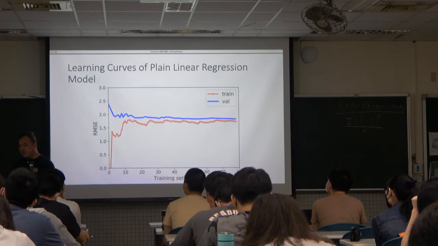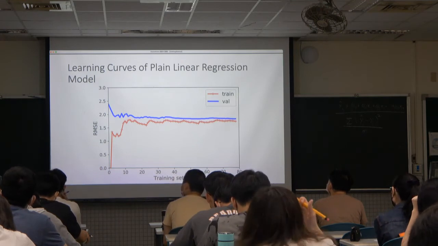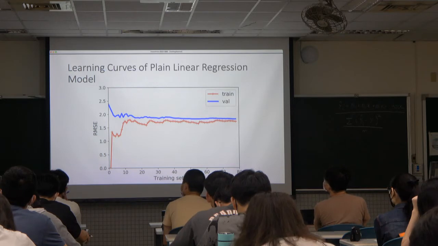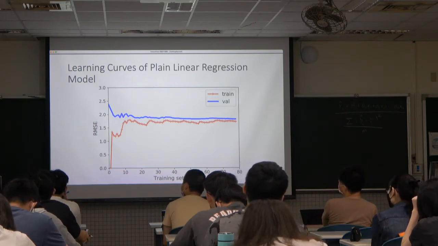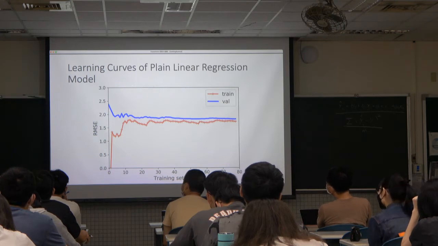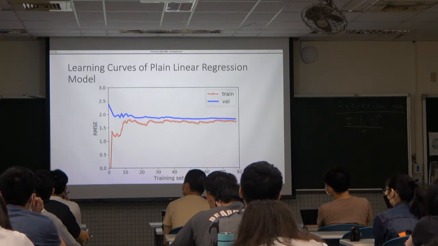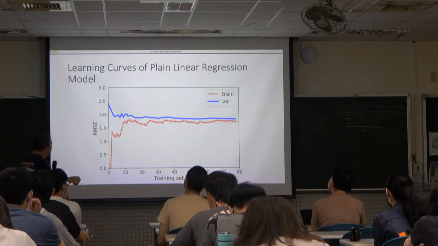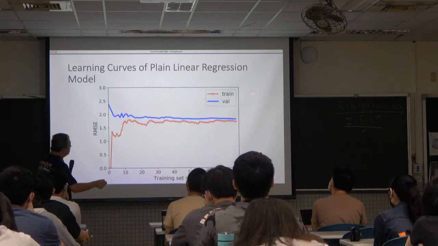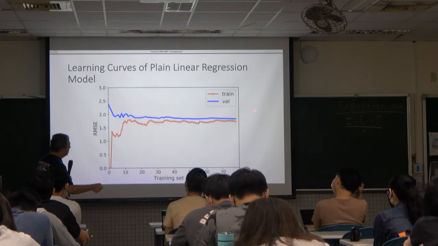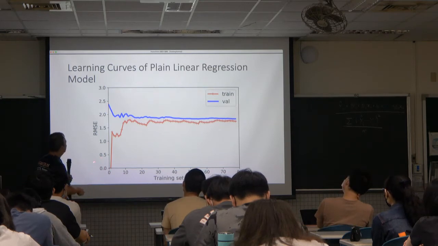When you have a data set, you normally divide it into maybe 80% for the training set, and the other 20% split in half, half for the validation set and half for the test set. The percentages may vary a little bit, but it's normally like that. When you train a model, you can draw the accuracy of the training set and the accuracy of the validation set, to see if the model overfits or underfits.